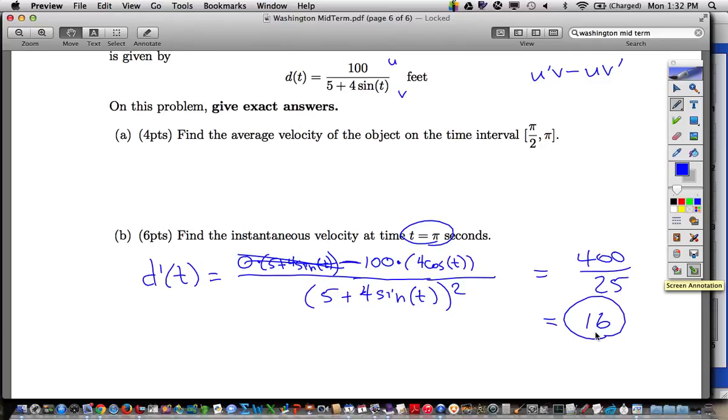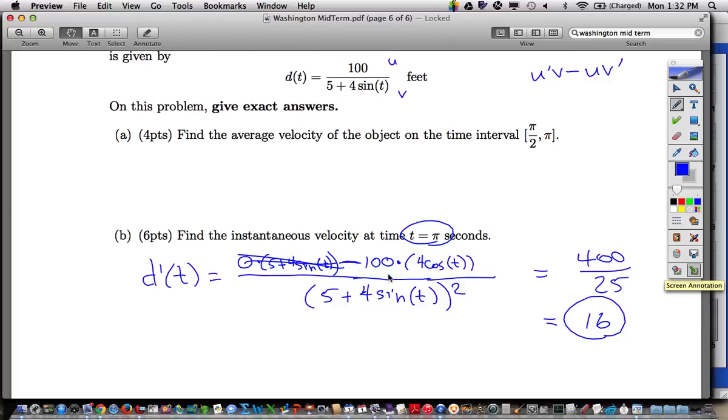The next question, if you remember down there, was, is the particle moving to the left or to the right? It's moving to the right because the velocity is positive. And then the last part of it was, give all the values when it's moving to the right and to the left. Well, that's where you do a number line. You do your derivative and set it equal to 0.